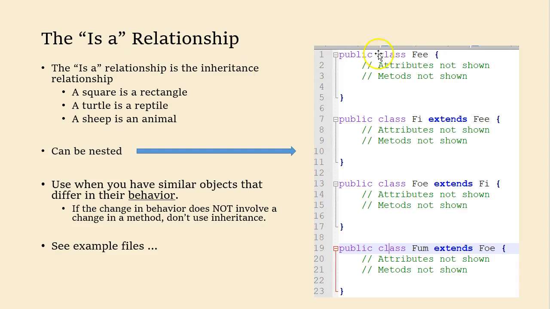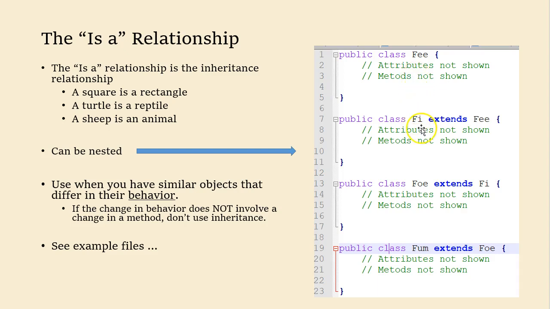Yes, you can keep extending. So over here I've got public class Fee, Fi extends Fee, Fo extends Fi, Fum extends Fo. You're allowed to do that. Oh, but by the way, since Fi extends Fee, man, I shouldn't have used these names, right? Fi is a Fee.